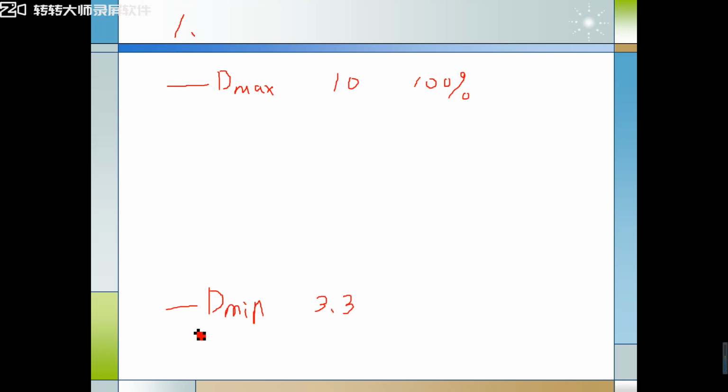And later, the last group, the sixth group in our lab, you will use the drug's dosage of 3.3 mg, which is the Dmin. We also know the meaning of Dmin: no death. So in the last group, the animals' death rate is 0%.